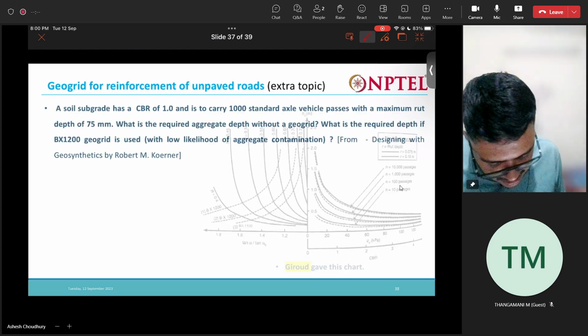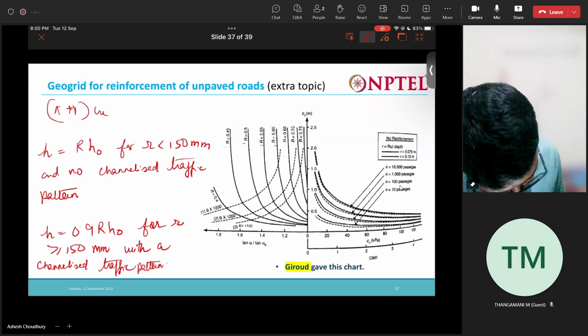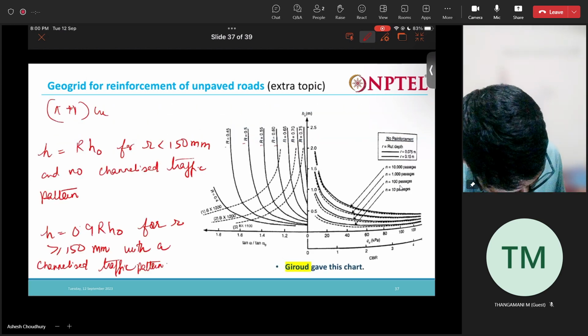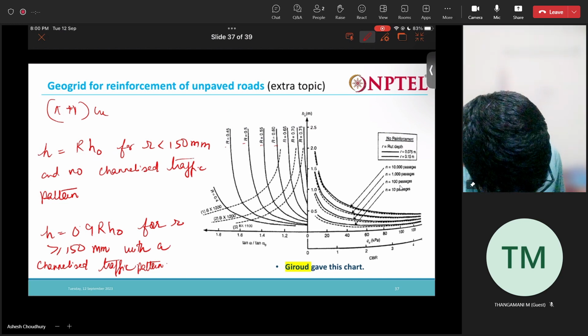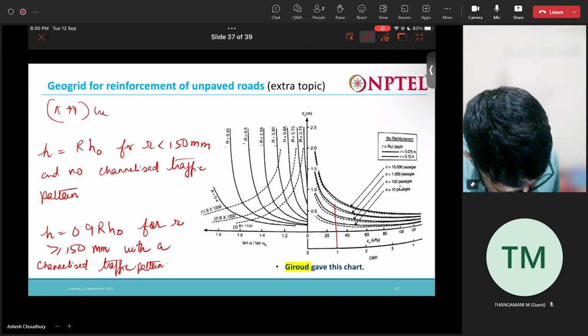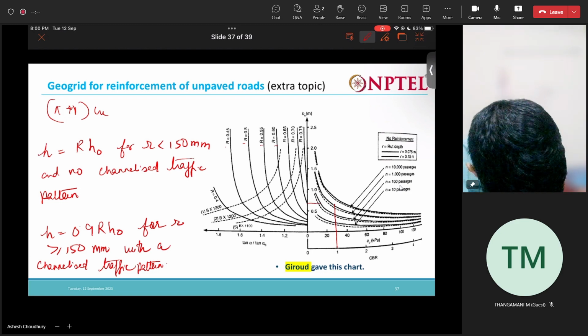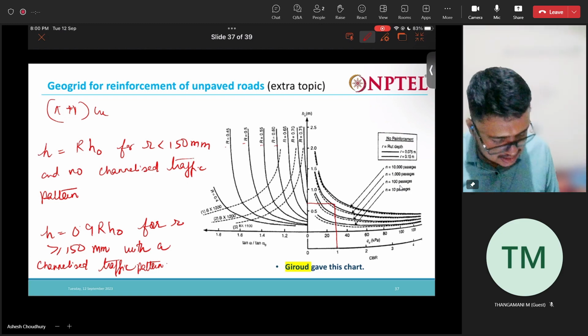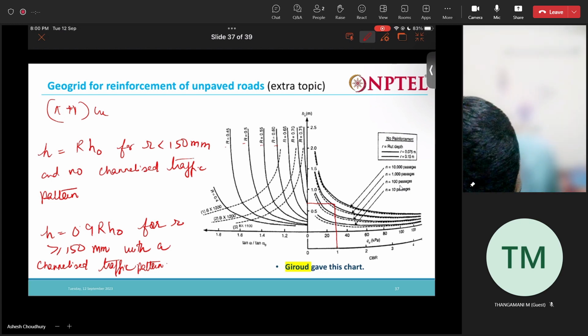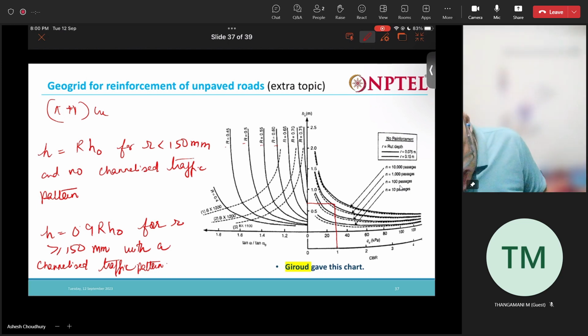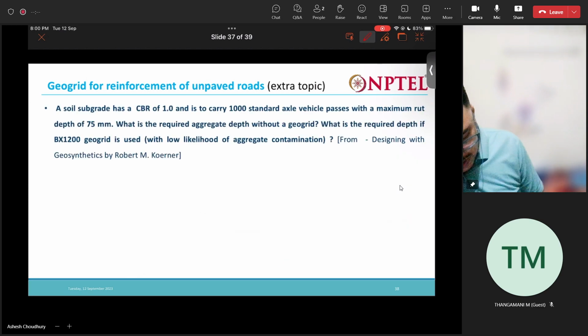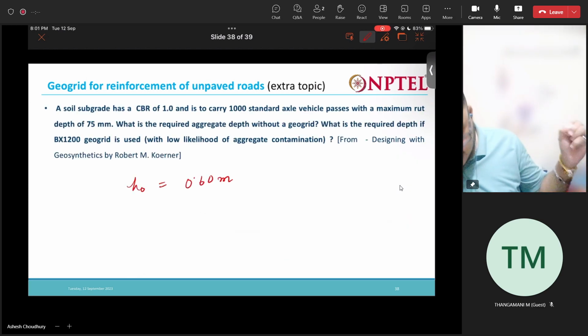What is the CBR? CBR is 1, and 1000 passes is this. So approximately we can take it as 0.6, that is 0.60 meter.